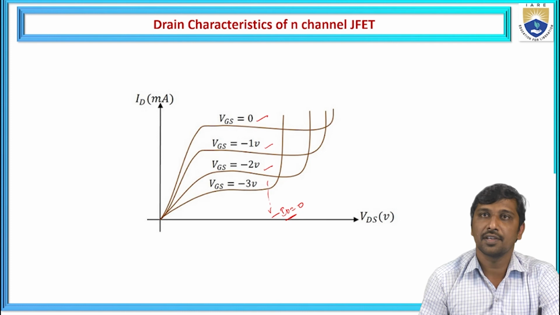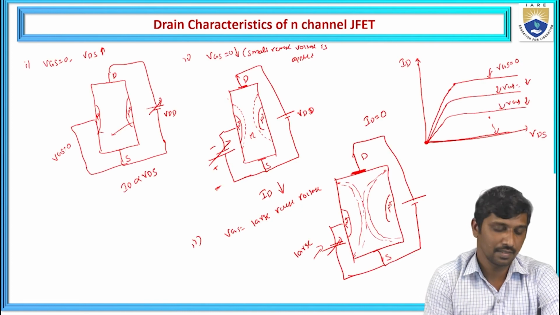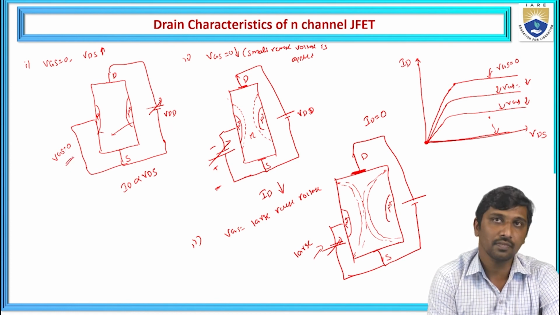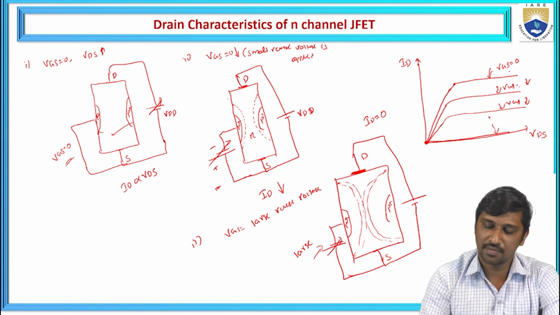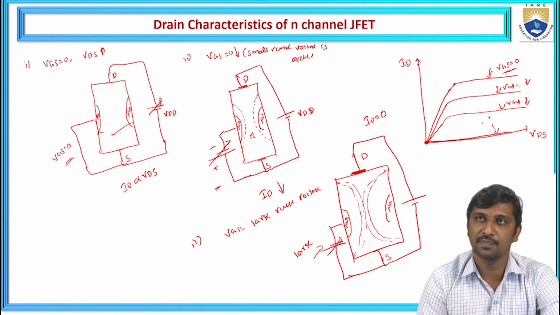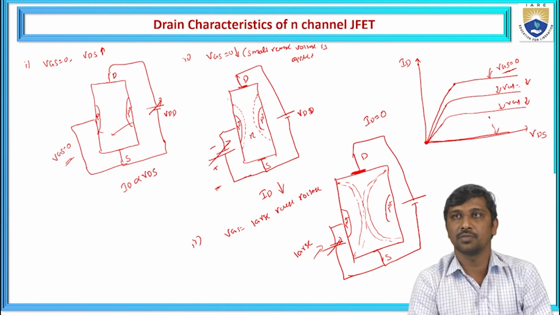From the previous analysis, we identified that with VDS constant, when VGS is 0, the drain current becomes maximum. So from these characteristics, compare the drain current when VGS is 0, or VGS is a small reverse voltage, or VGS is a large reverse voltage.